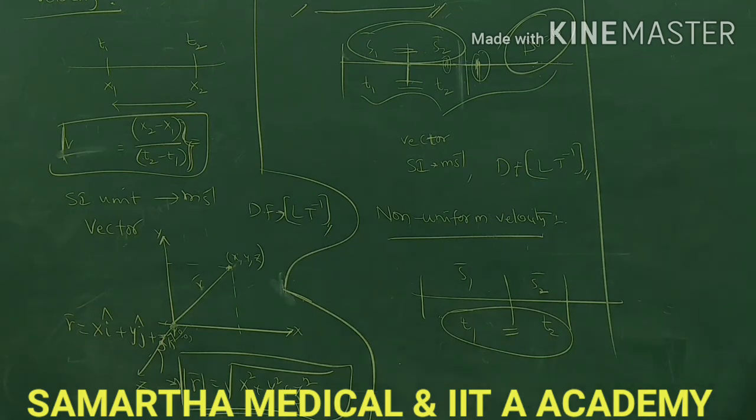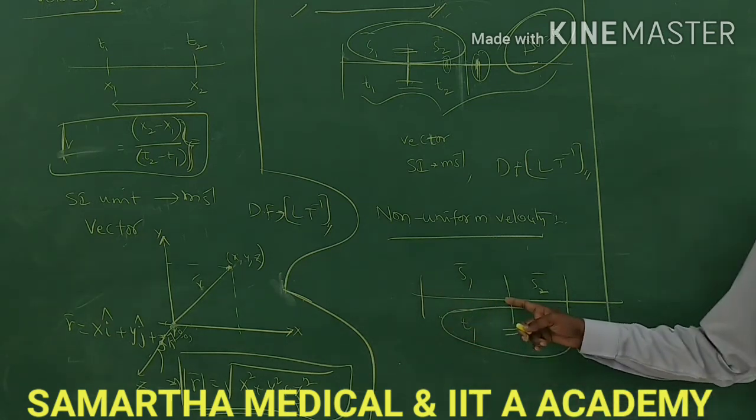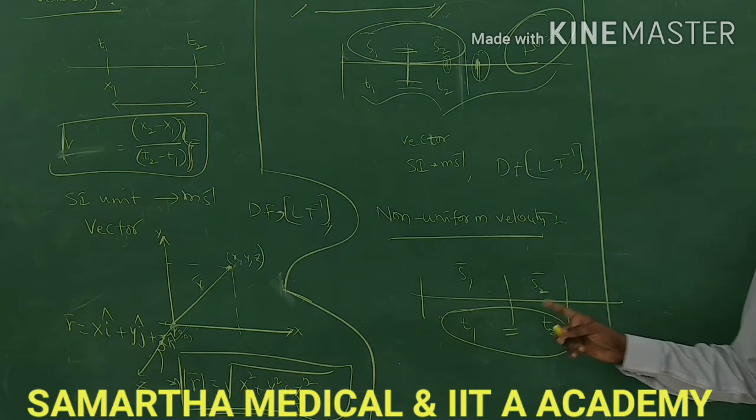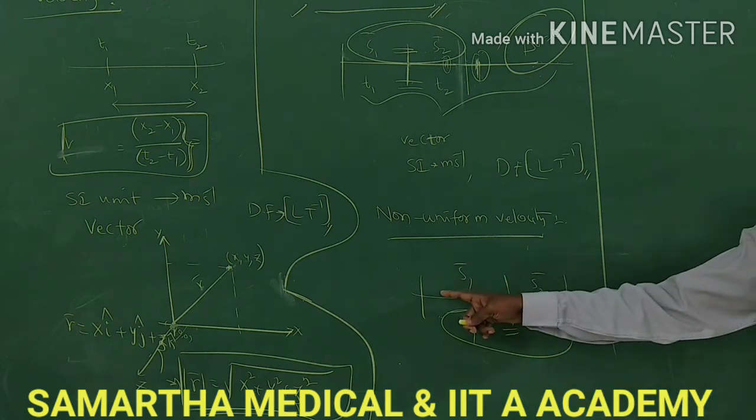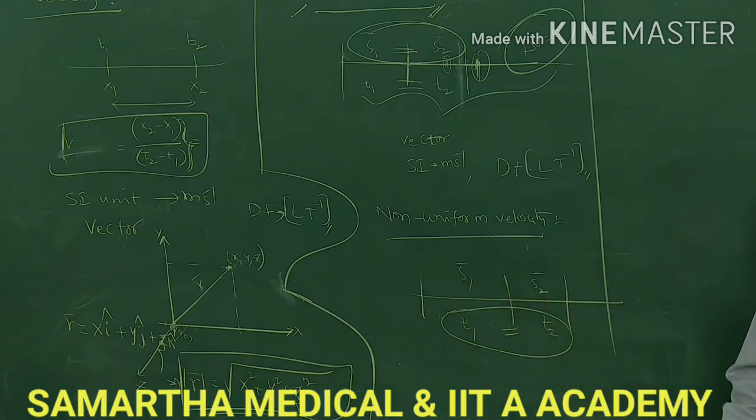When you notice non-uniform velocity, the velocities of the body are different, so the velocity at different instants has different values. In that situation, what is the change in velocity? Not equal to 0.